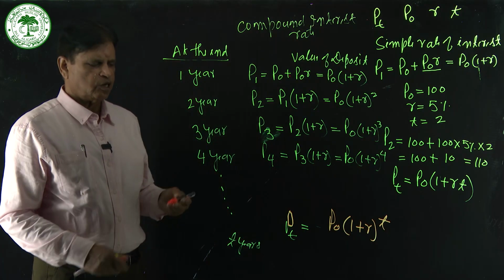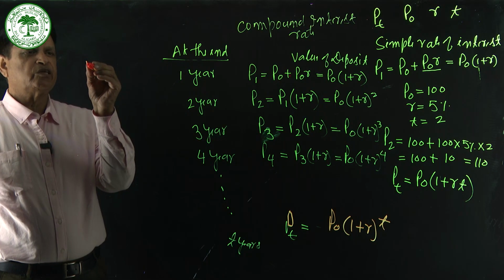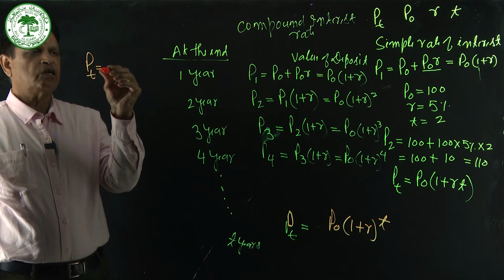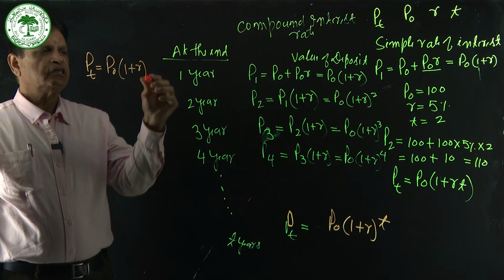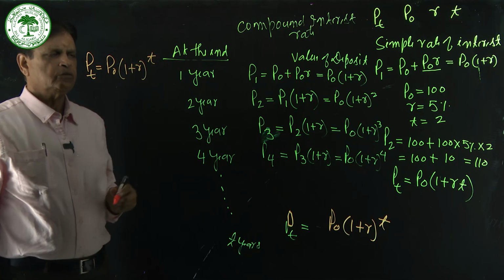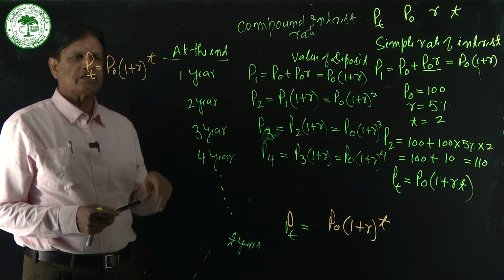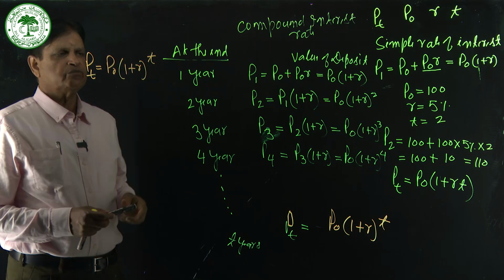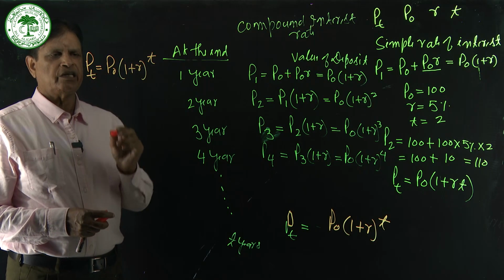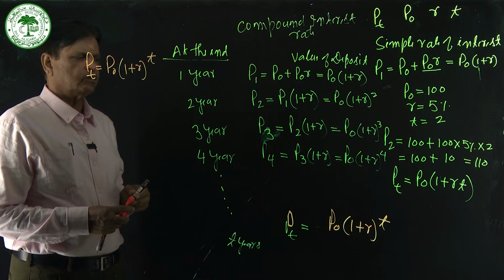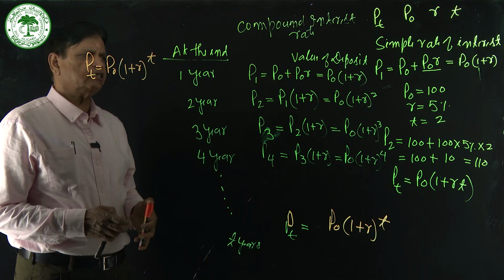Now this is the formula of compound interest: PT is equal to P0 (1 plus R) raised to the power T. Meaning thereby that if you deposit P0 amount and the rate of interest is R and the time for which you deposit this money is T, then after T period you will receive this much amount. This is based on the compound interest rate.